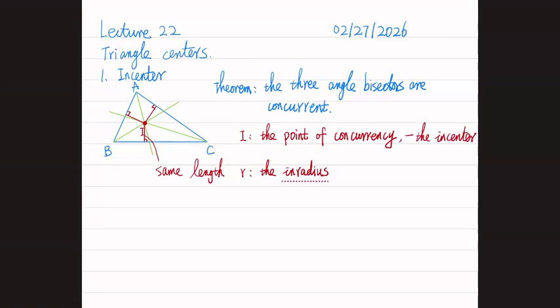Okay, so because they have the same distance, if we draw a circle centered at I with radius R, this circle will go through the three points.